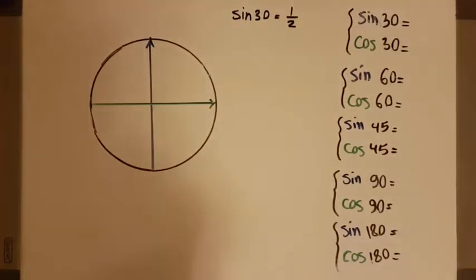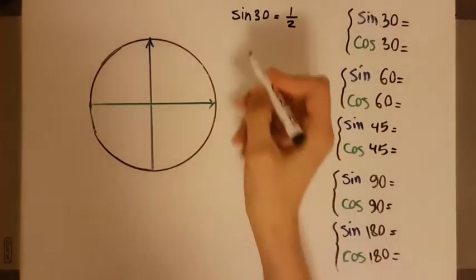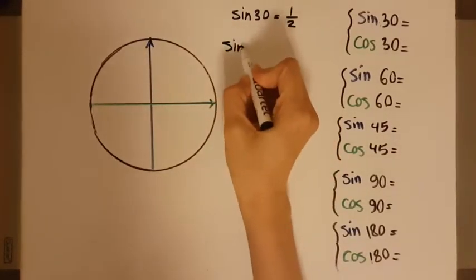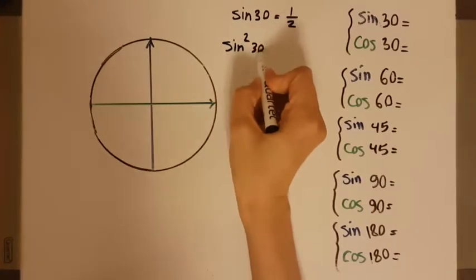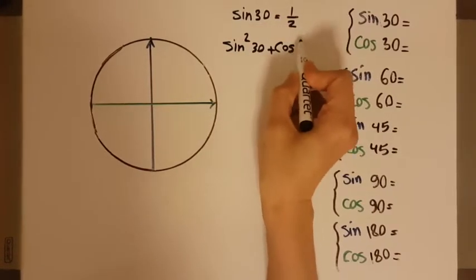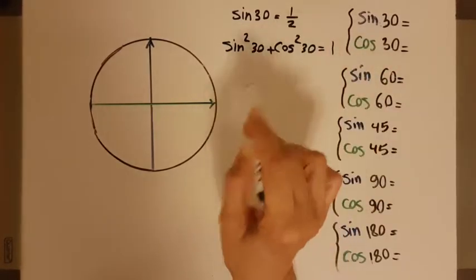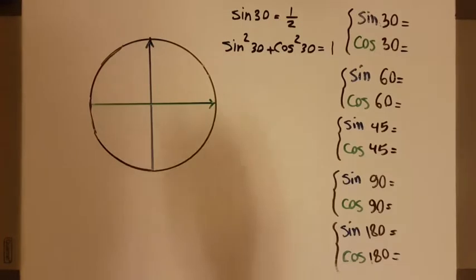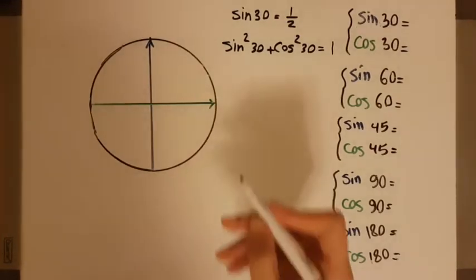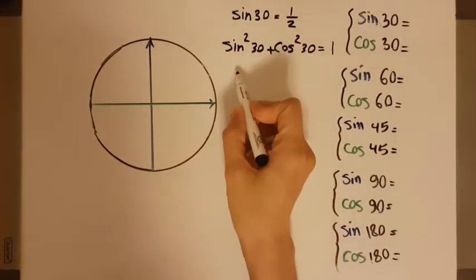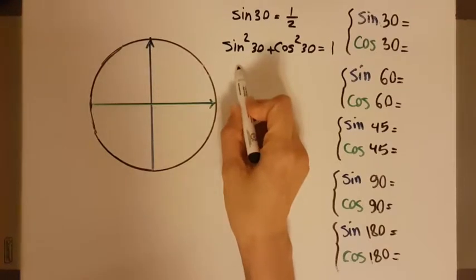In order to find the cosine of 30, remember the equation we learned, the unit circle equation. Of course, sine square of 30 plus cosine square of 30 is equal to 1. This is the formula for every angle, and 30 is also one of those angles. So, of course, we substitute.